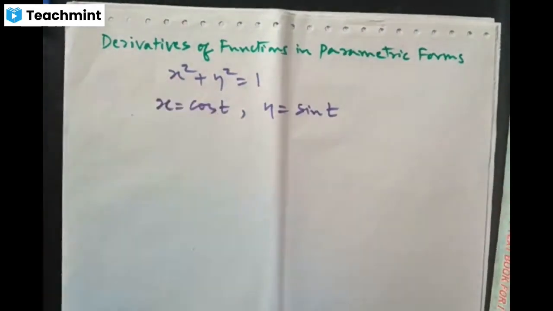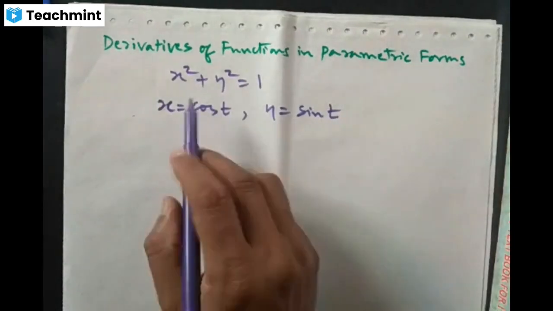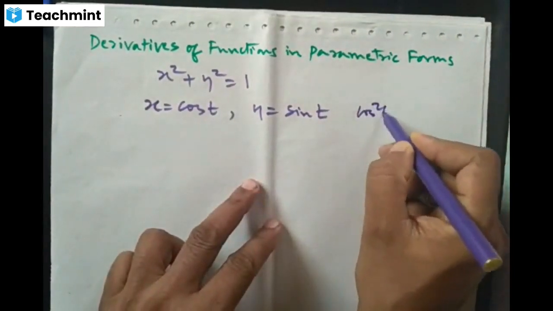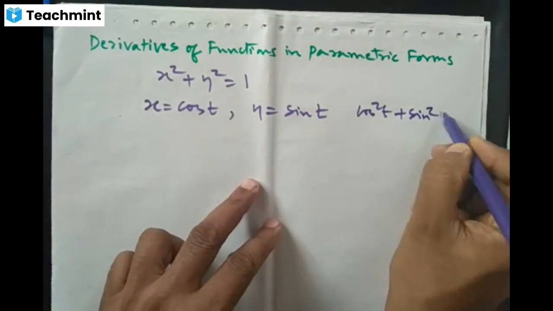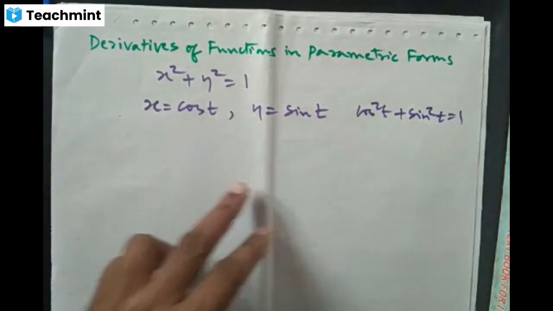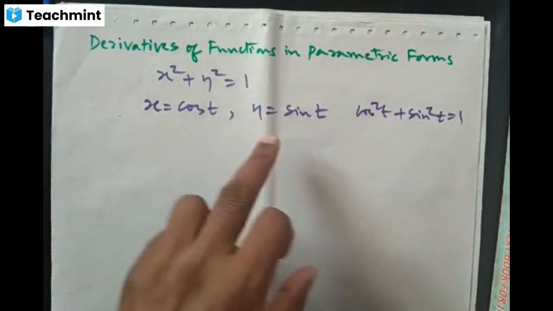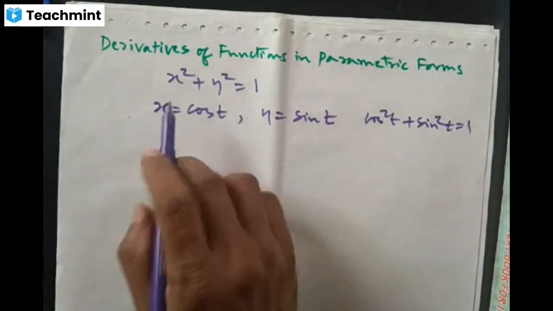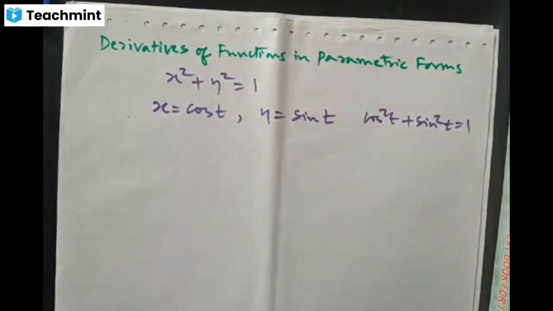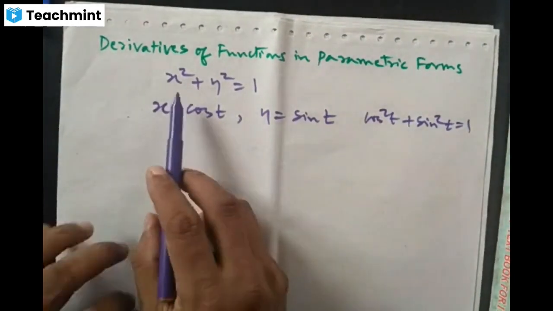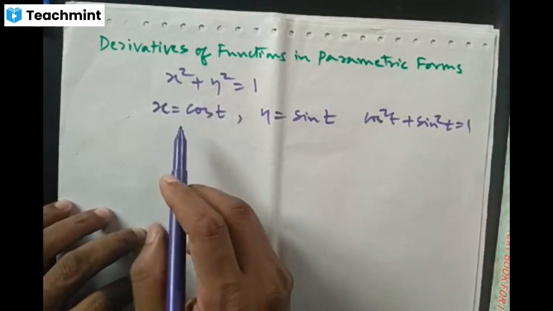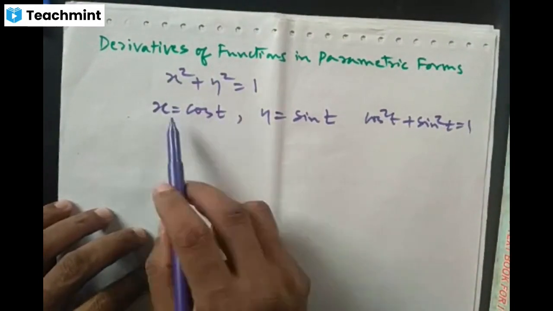If I replace x by cos t and y by sin t, it becomes cos square t plus sin square t, which is equal to 1. Clearly, x equal to cos t and y equal to sin t satisfy the equation x square plus y square is equal to 1. Here, the variables x and y of this relation have been expressed in terms of t.